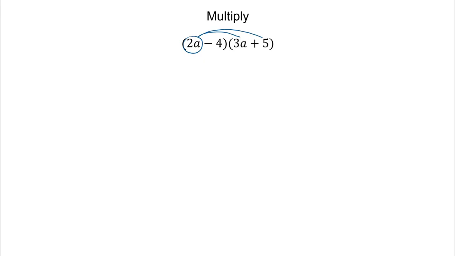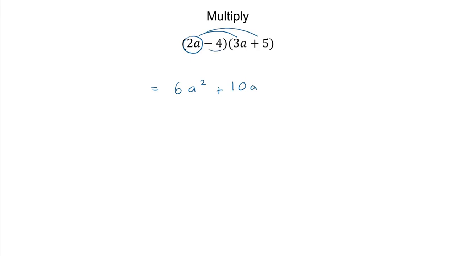Now here comes the second, or the double distribution. Then we're going to add to that, we're going to multiply -4 times 3a and -4 times +5. So here's what that looks like. 2a times 3a is equal to 6a squared. And then 2a times 5 is equal to 10a.